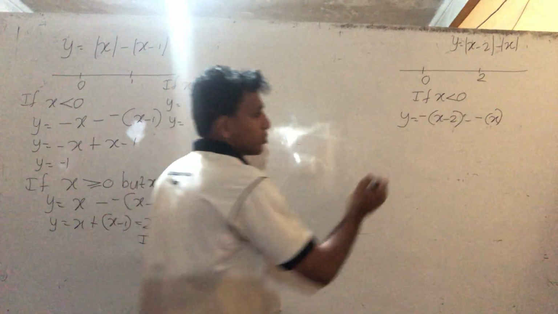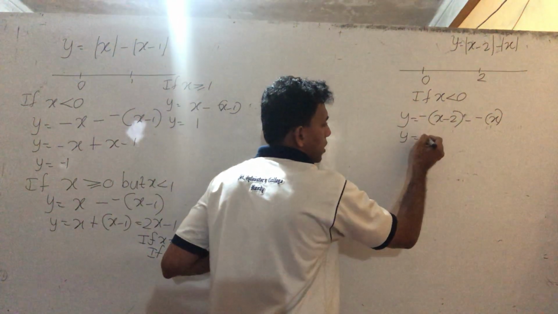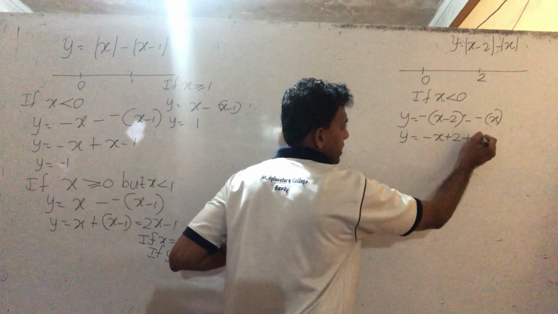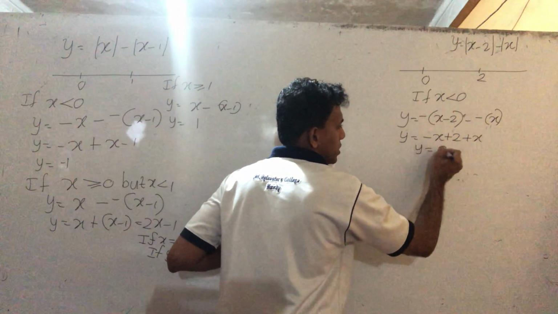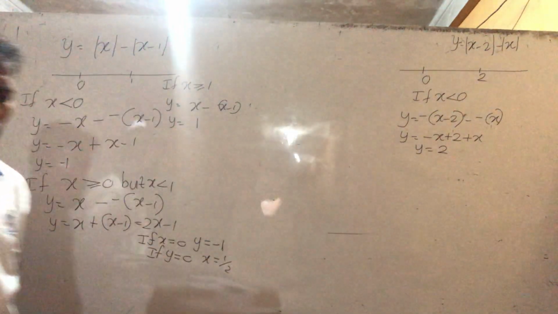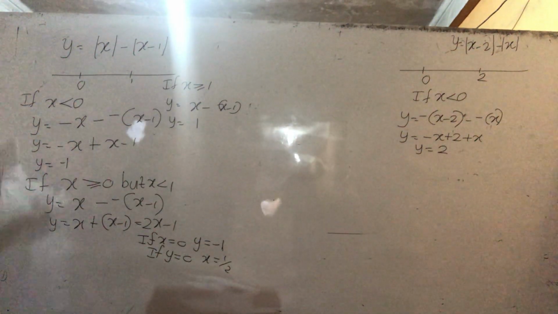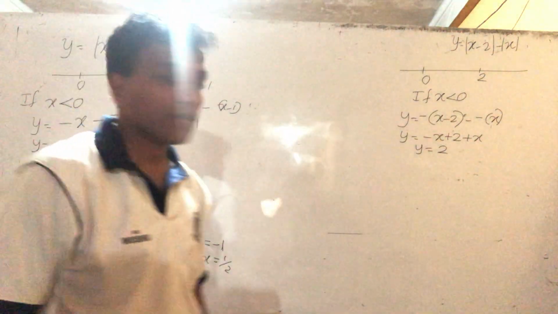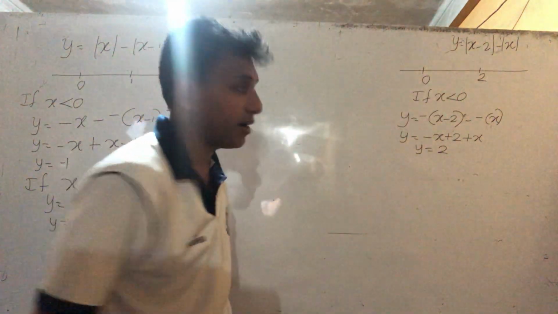So what happened? y equals minus x plus 2. Here minus minus plus x. So y equals 2, a straight line parallel to the x-axis. Next we see the graph between 0 and 2.